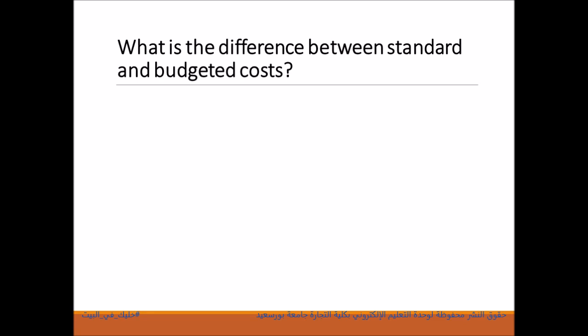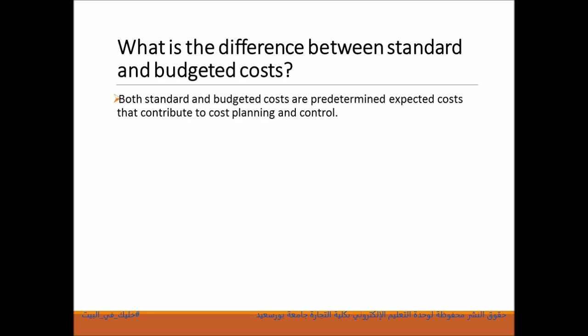In the previous chapter, we have explained what the master budget is, how it is prepared, and its role in cost planning and control. So an important question that we need to answer right now is, what is the difference between standard and budgeted costs? Both standard and the budgeted costs are indeed predetermined expected costs that contribute to cost planning and control.